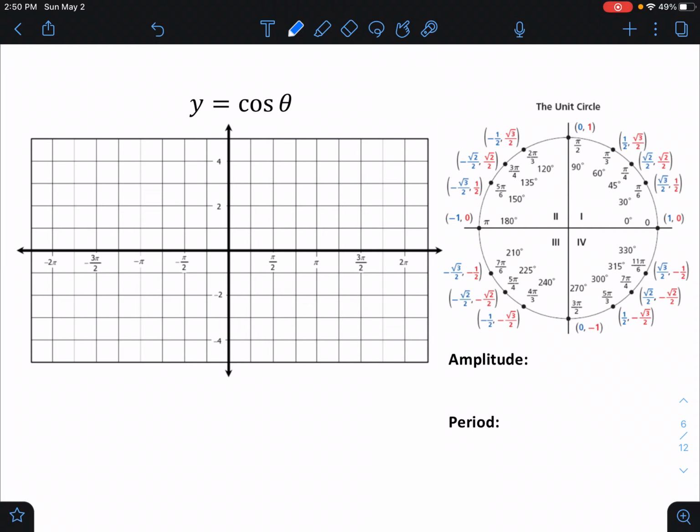Cosine, remember, in the unit circle, is x, okay? And so when we're looking at this, we're really looking at the blue values. Now, as I start at 0 radians, I start at 1 this time, not at 0. So that's a key difference, as I'm starting at 1, okay? And then now I'm going to go around, and I'm going to go here to pi over 2, and you'll notice my x value there is 0.